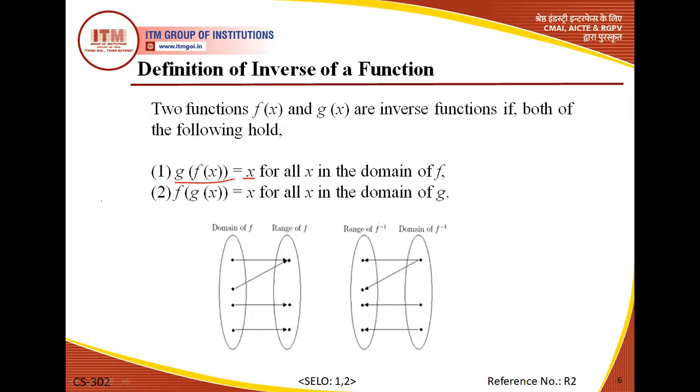Let's see over here. This g of f of x means g of f, which is the composition of the functions g and f. Please notice that this means the composition of two functions g and f, which is also denoted by g o f. Now g o f is the composition, hence this is also a function.